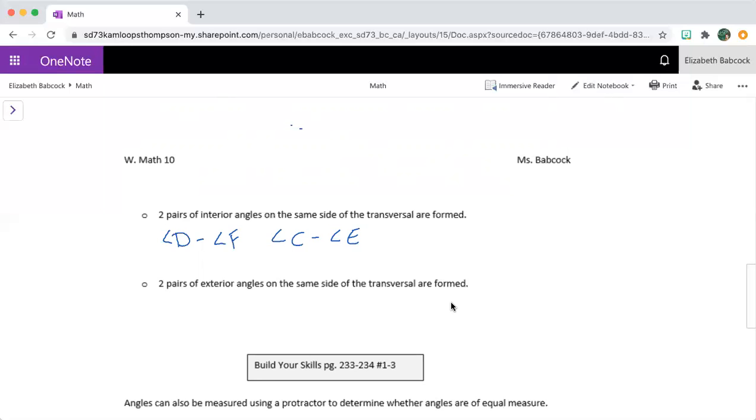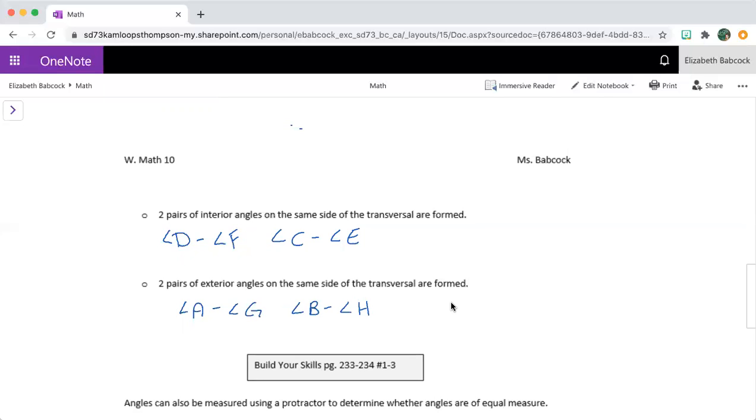There's no fancy name for it, they're just exterior angles on the same side of the transversal. That would be your angle A to angle G, and angle B to angle H.